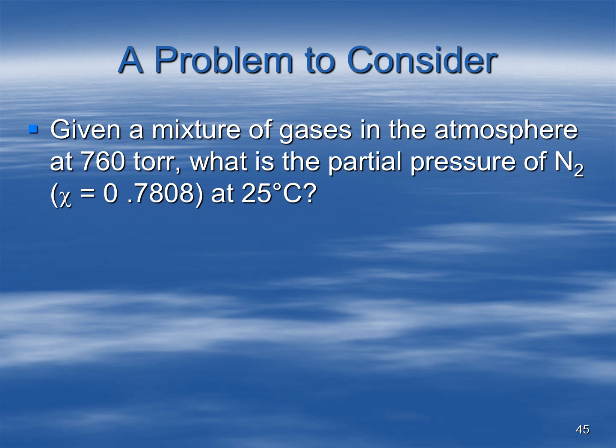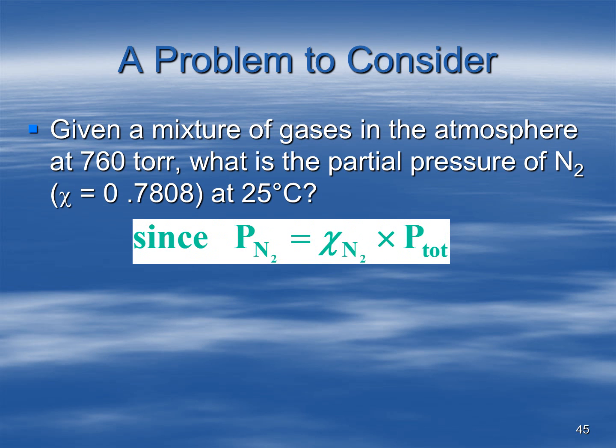So we can look at one simple example. We have a mixture of gases in the atmosphere, and at standard pressure, the atmosphere is 760 torr. What will the partial pressure of nitrogen be if the mole fraction of nitrogen is 0.7808 at 25 degrees Celsius? That's not really important in this problem because they're just telling you what the mole fraction is at that temperature.